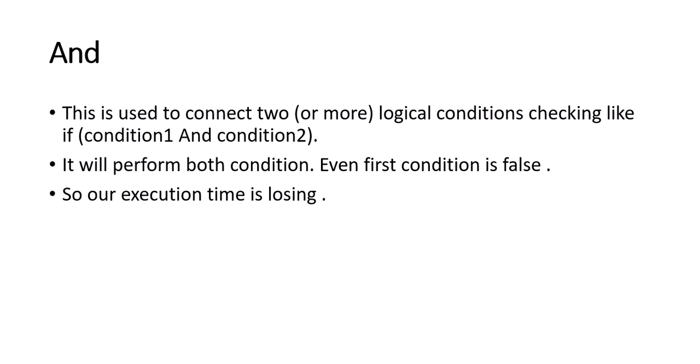In those types of scenarios, you can use the And condition. But wherever it is not required to check both of the conditions, if the first condition is false and second condition checking is not required, then you need to use AndAlso, right?